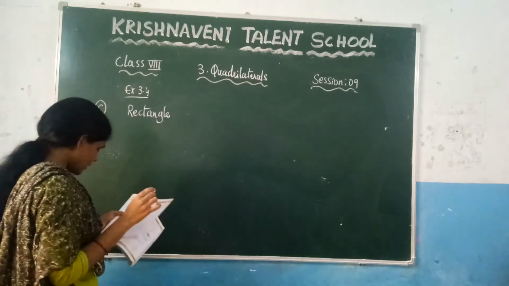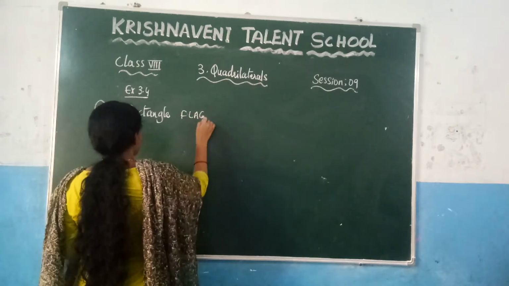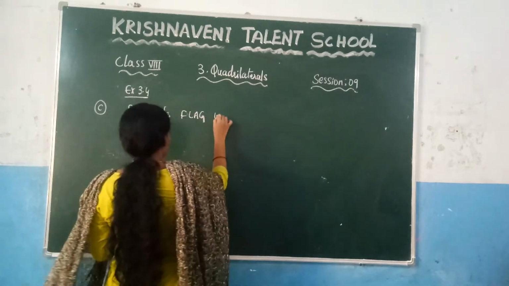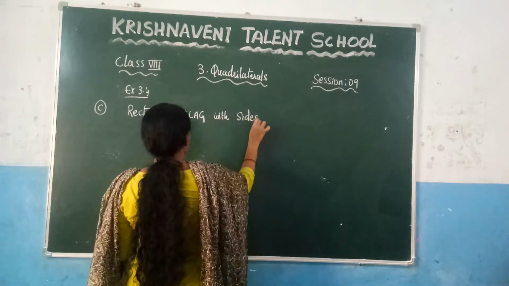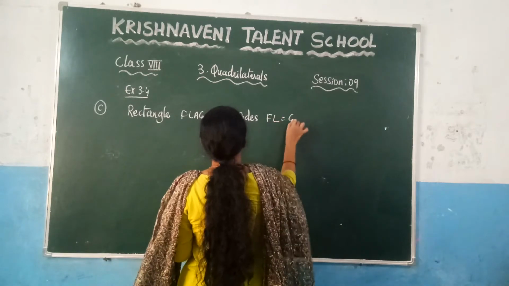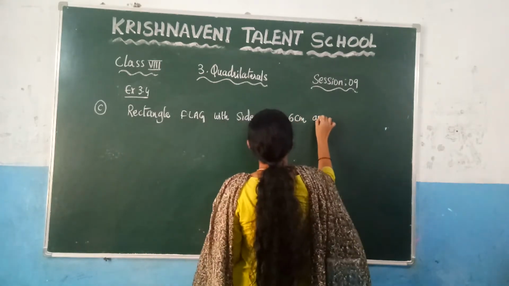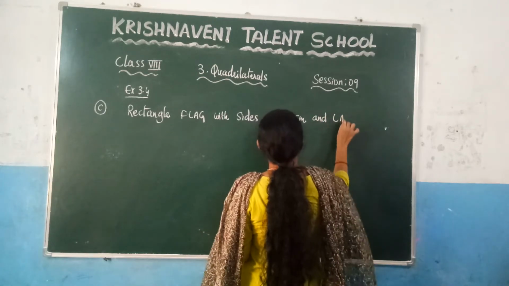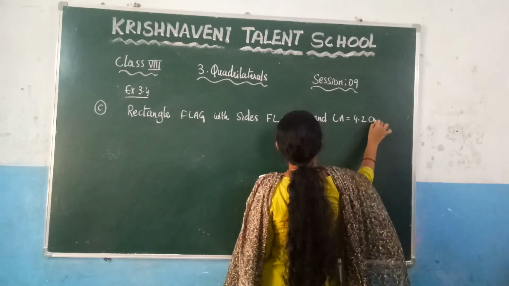And they have given the name of the rectangle as FLAG, and the measurements are given as in sides. FL is equal to 6 centimeters and LA is equal to 4.2 centimeters.